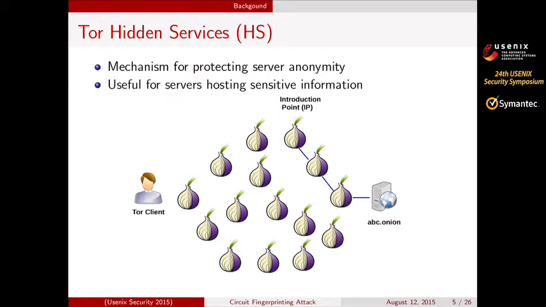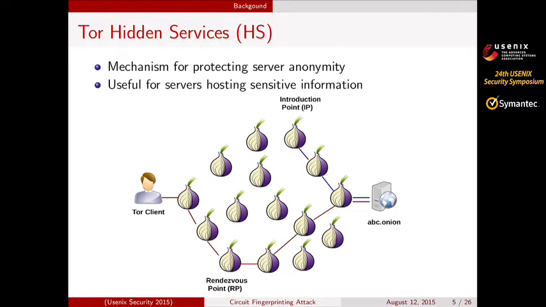This is advertised through a Tor Hidden Service directory, and when a user wants to access it, it first selects an onion router to be its rendezvous point, or RP, and builds a circuit to it and tells the hidden service, abc.onion in this case, through the IP that the RP has been set up. Finally, once the hidden service learns of this RP, it connects there, and now the user is connected to the hidden service through many hops of Tor circuits, essentially.